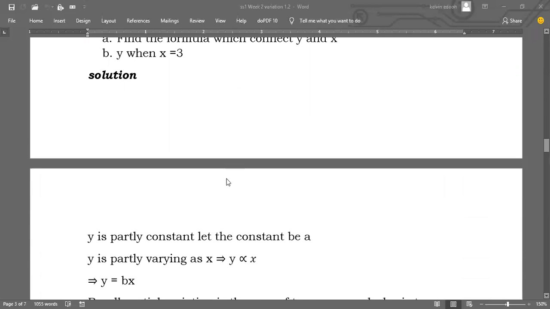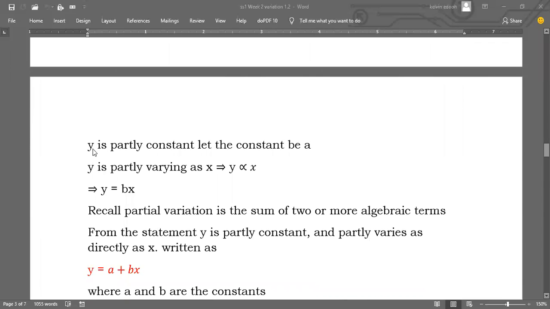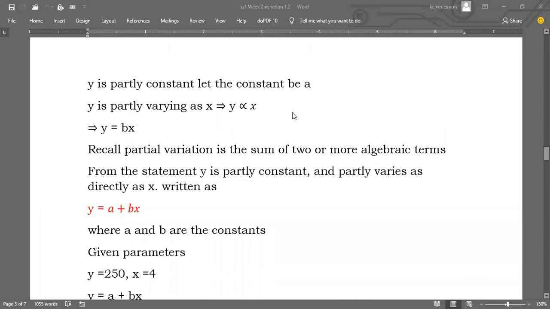So, solution. The first statement, they told us that y is partly constant. So I will just say let that constant be, I use a to represent it. You can use any letter to represent it. So for me, let that constant be a.